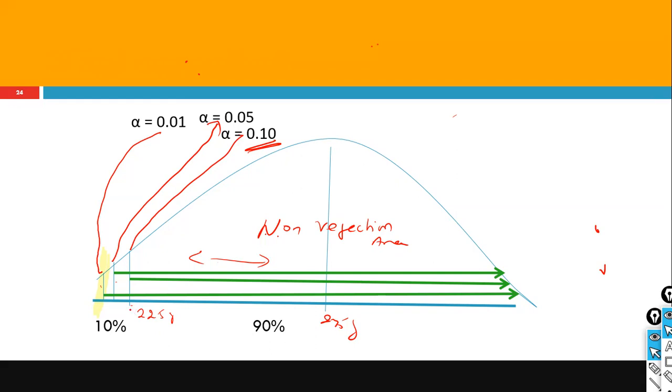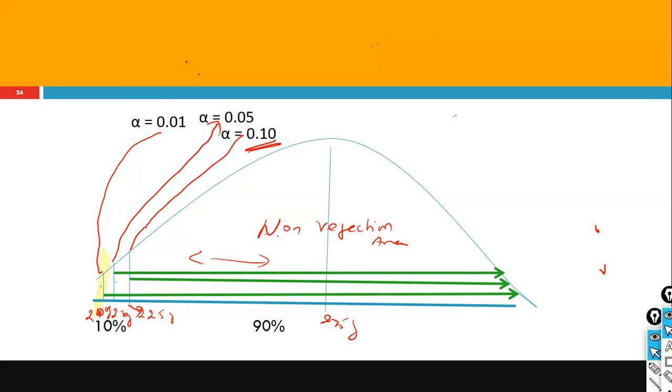You understood? So this is your 225 gram. Or if you say, no, even if it is going to be 230 gram, it is fine. So in that case, your rejection region area size is going to be less. When you use such an alpha, you are so liberal. You are saying even if it is going to be 200 gram, I'm okay with that. Somehow you want to pass the test. You don't want to reject the null hypothesis.